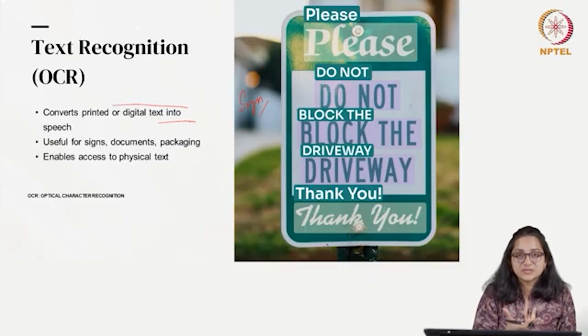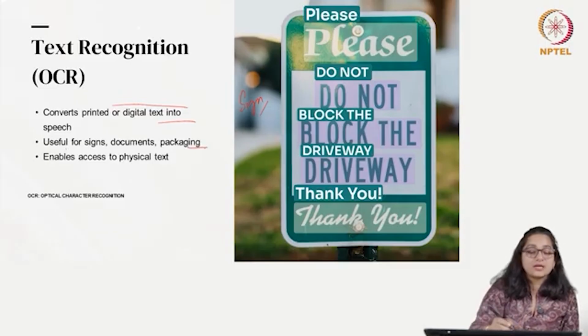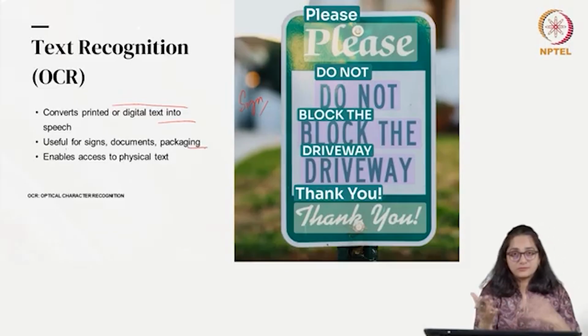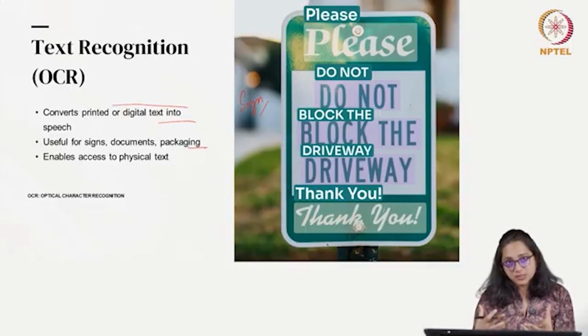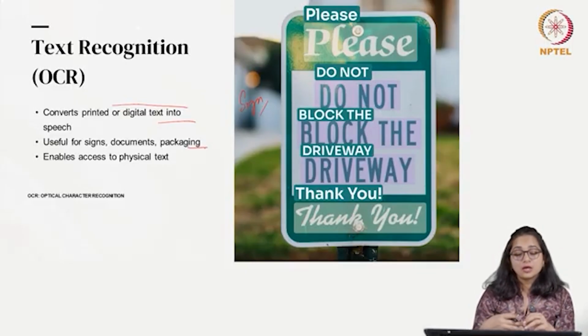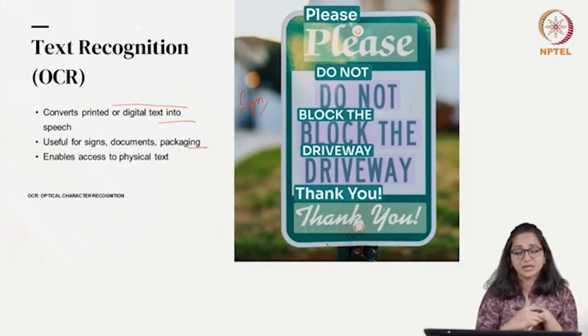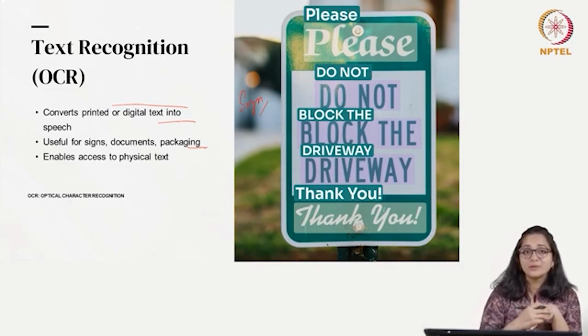So that is what OCR is. It is useful for signs, documents, and packaging, because if something is delivered to you, you can in real time identify whether it belongs to you or not. Because most of the time the labels on, say, an Amazon package are not really accessible or do not have braille.